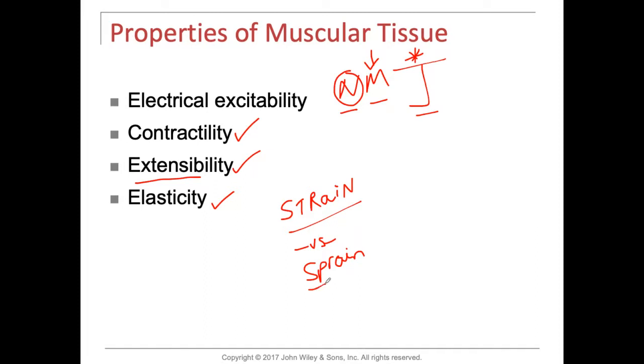Sprains with a P involve ligaments. Strains with a T, think of tendons and muscles. So whenever you strain something, that means it's a muscle or tendon that's stretched beyond its normal anatomical limit. And when you sprain something, it refers to a ligament that is stretched beyond its normal anatomical limit.